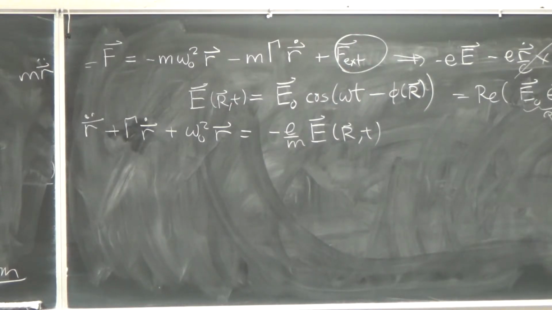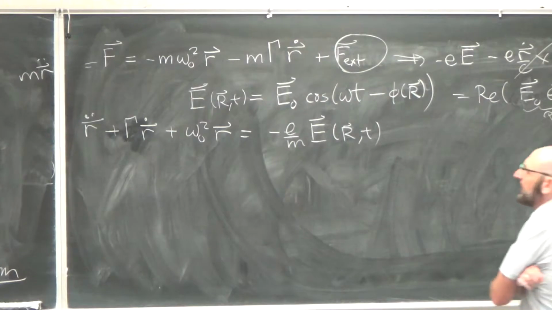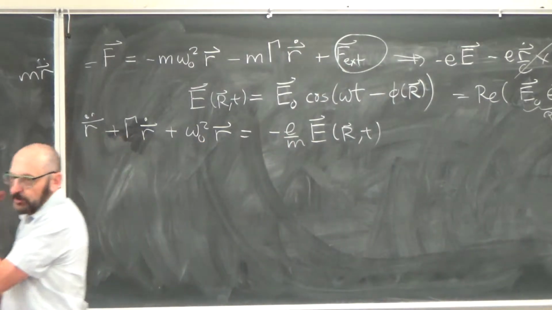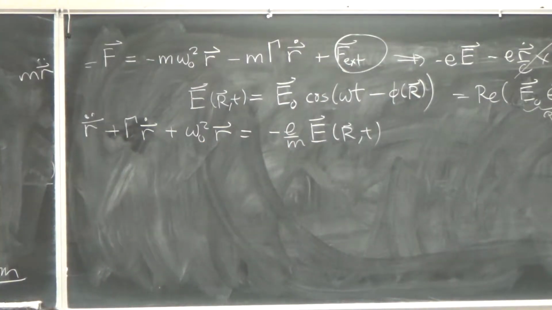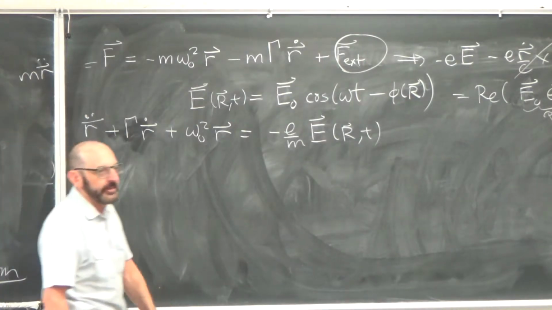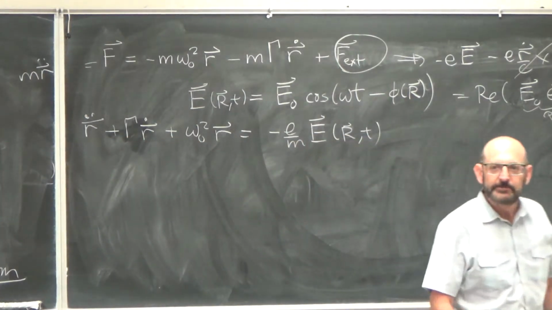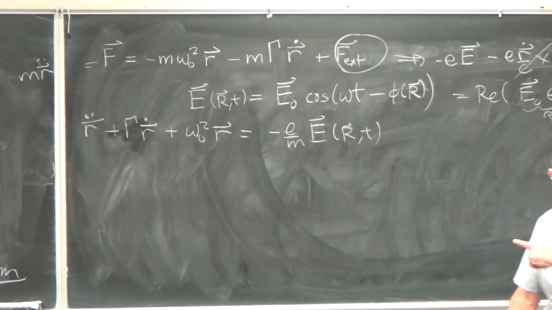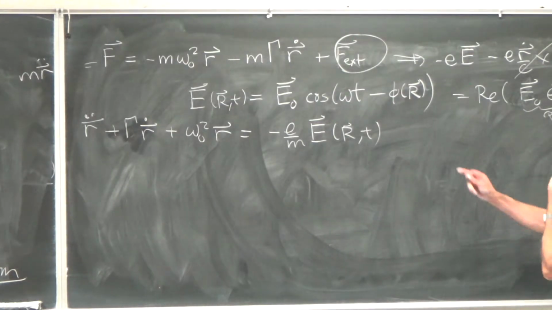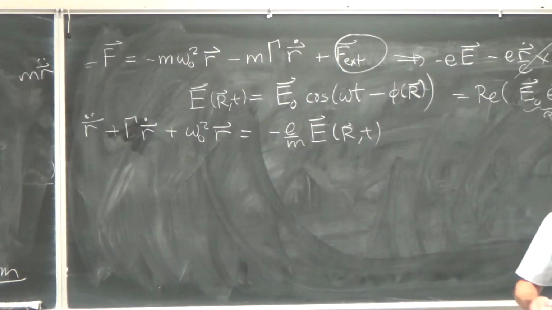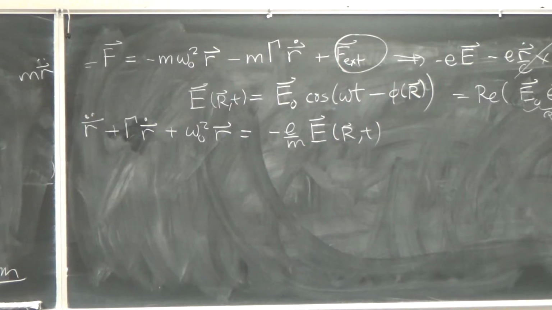So, question for you. In steady state, of course there are transients, but eventually this thing will come to steady state because there's a damping force here. At what frequency does this charge oscillate? Omega, not omega naught, right? It oscillates at the frequency of the drive in steady state, not the natural resonance frequency.